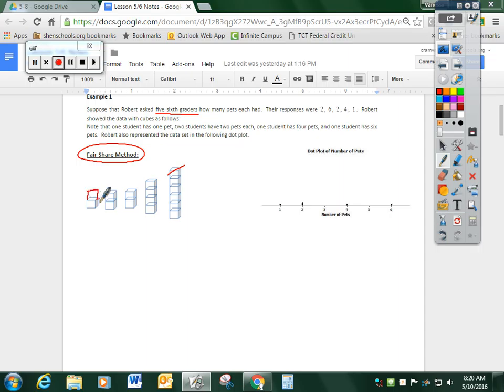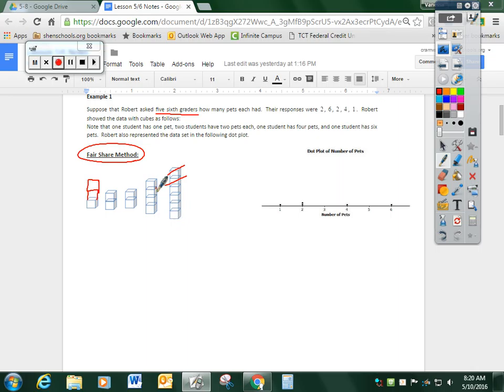Now this row has 1, 2, 3, 4, 5. This is still the highest. So I'm going to take a cube away and fairly move it over to one of the ones that has the lowest. Okay, so now these 2 cube sets match.